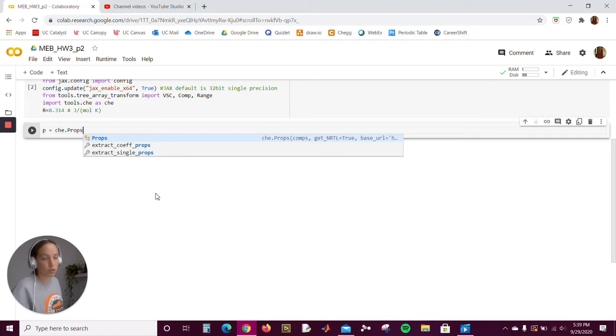Now this is Dr. Ko's code, and it's going to contain all of the information that we need for these equations for argon, oxygen, nitrogen, and water, because those are all the different compounds that are in our system because of air and water. So I'm gonna do props.